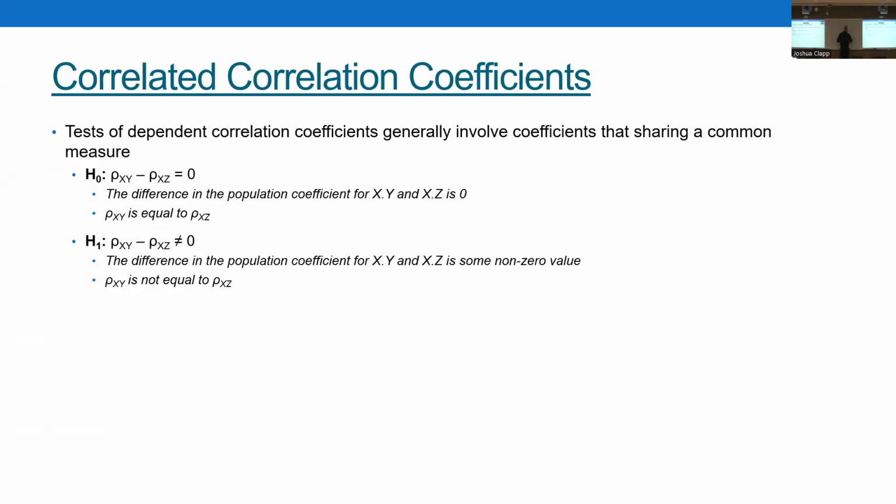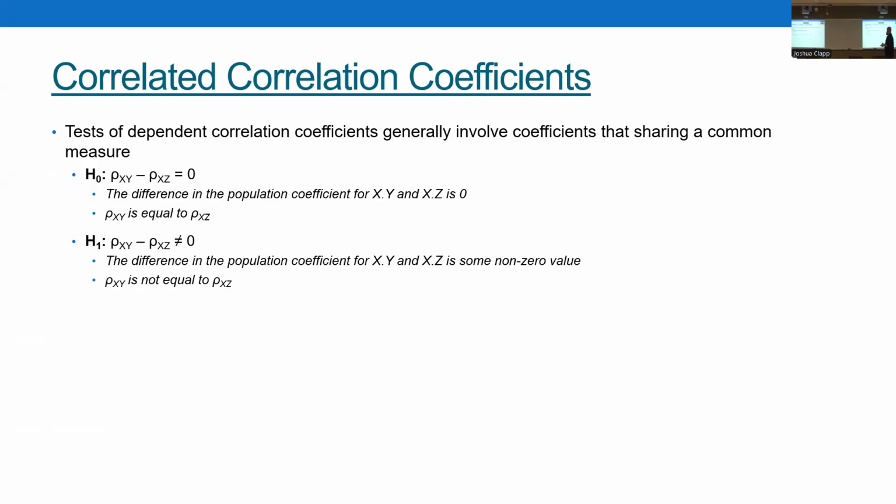And so I'm going to have this, this, here, and here. So I'm going to have three correlations, and all of these are collected within the same sample, and so they're interdependent on one another, right?